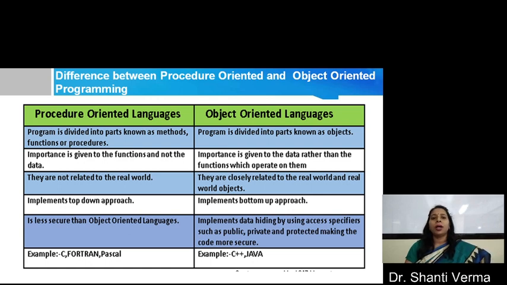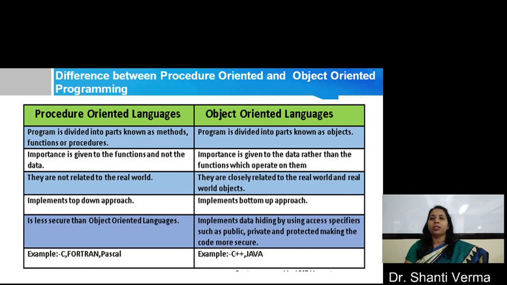In procedural programming, importance is given to the functions, not the data, while in object-oriented programming importance is given to the data rather than the functions which operate on them. Procedural programming implements the top-down approach, while object-oriented programming implements a bottom-up approach.